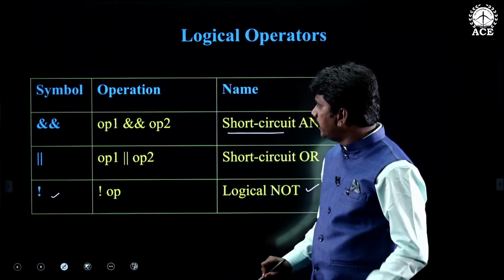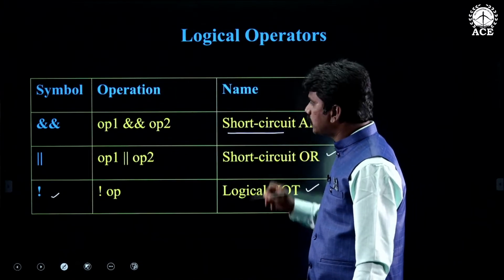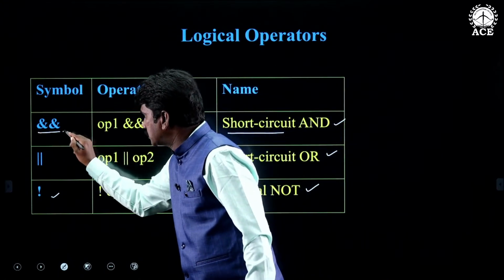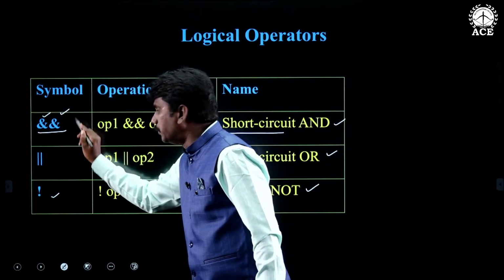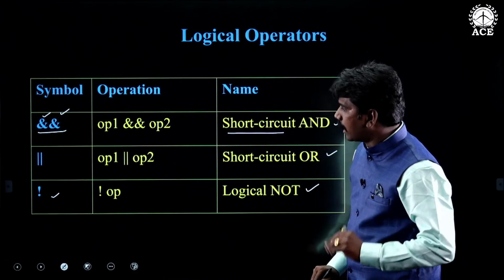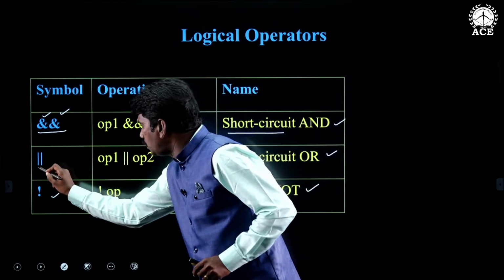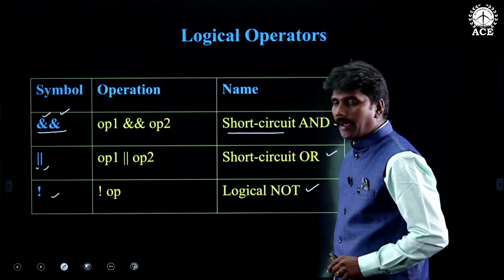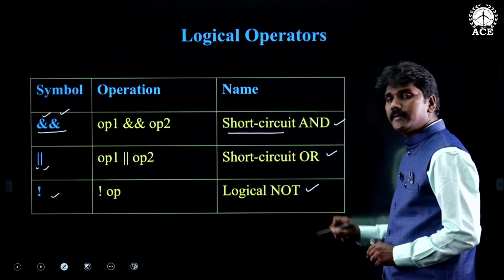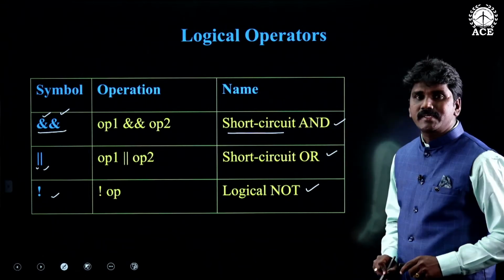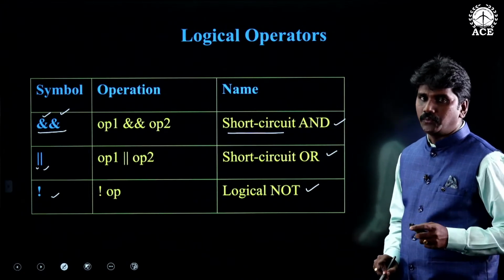Keep in mind that whenever we see the short circuit AND, we have to use the ampersand two times. Same way, whenever we use the short circuit OR, we have to be very careful to use two vertical bars here. Logical OR, logical NOT. So let us understand about the first one, short circuit AND, and how it is going to work.